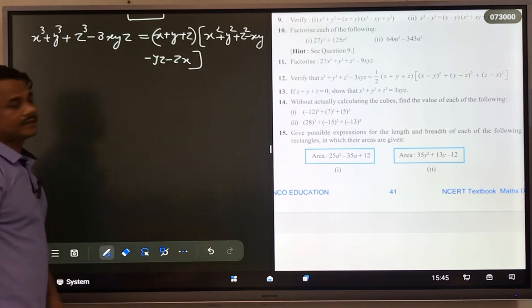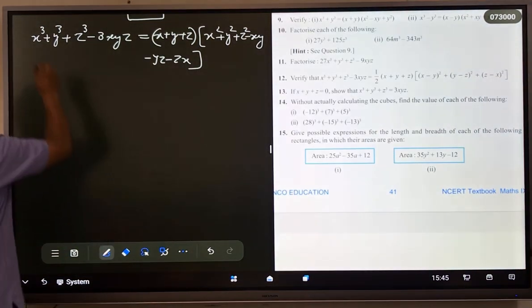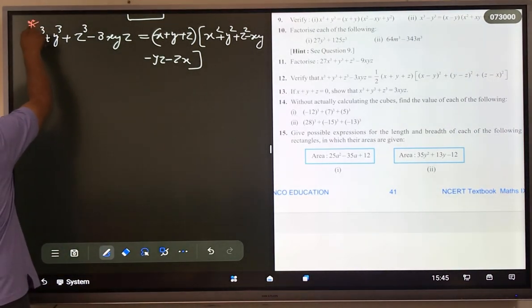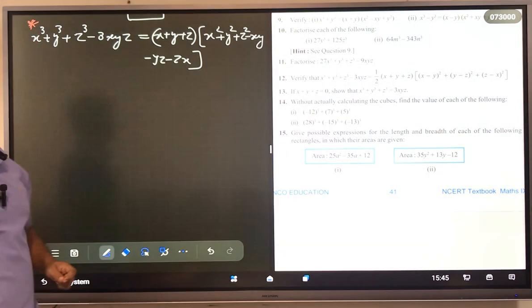Is it or not? This is called the identity of the chapter.